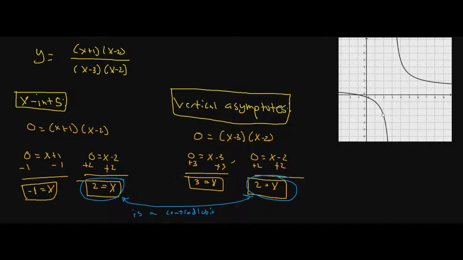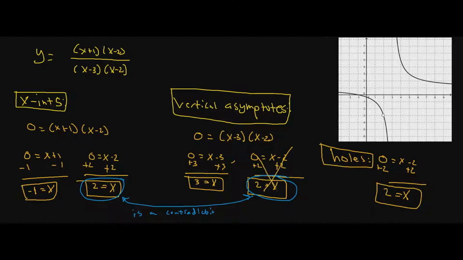When we get this contradiction, that's what is considered a hole. We can't be either one of these, and that's where you're going to see this hole. So in reality, the hole is going to be x equals 2. It's not going to be a vertical asymptote, and it's not going to be an x-intercept. It doesn't make sense that you could be both of these.